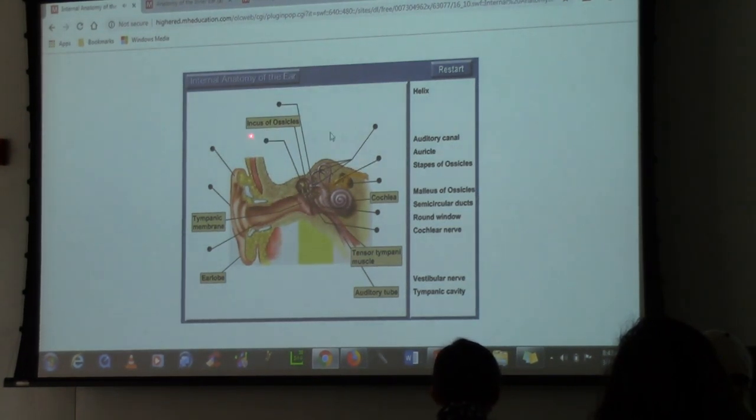I don't think so, no. The auricle is the name for the outer ear, so my guess is it's this one. Could be this one. No, that's the helix, so this is the auricle. The auricle is the outer ear. Okay.